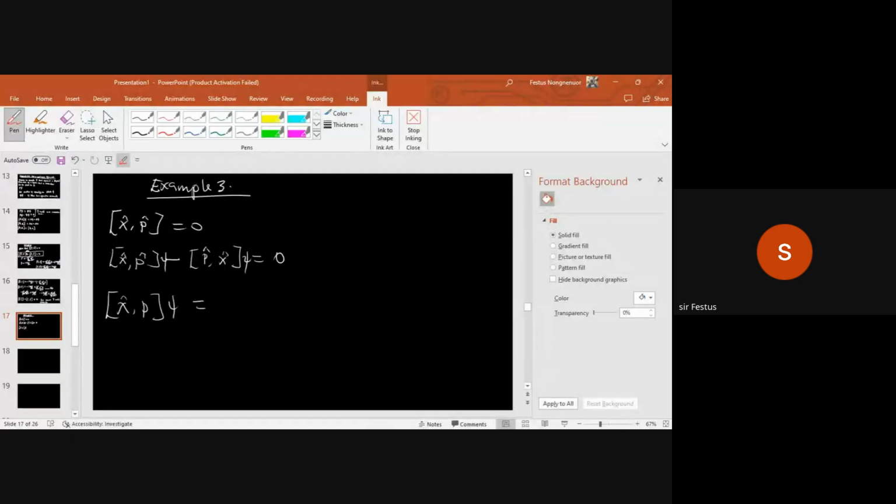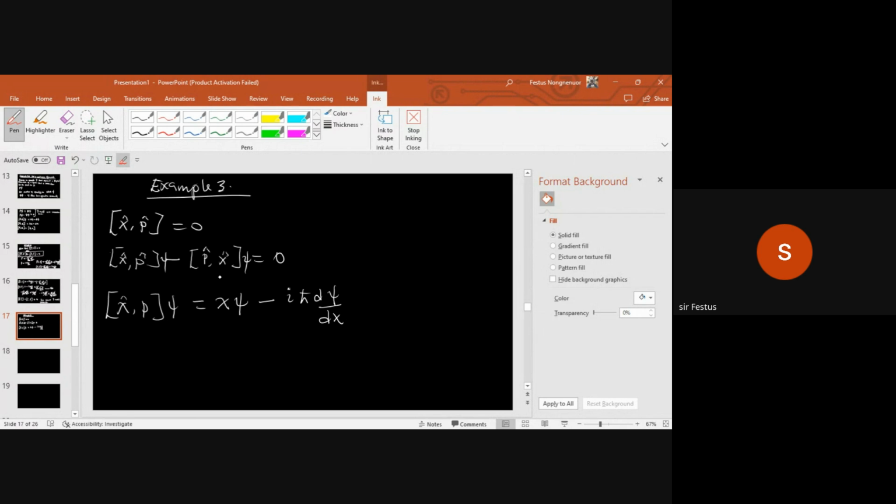And this will be equal to, what is the operator for X? The X operator is still X. So you have X psi minus this one, that's minus H bar d psi on the X.